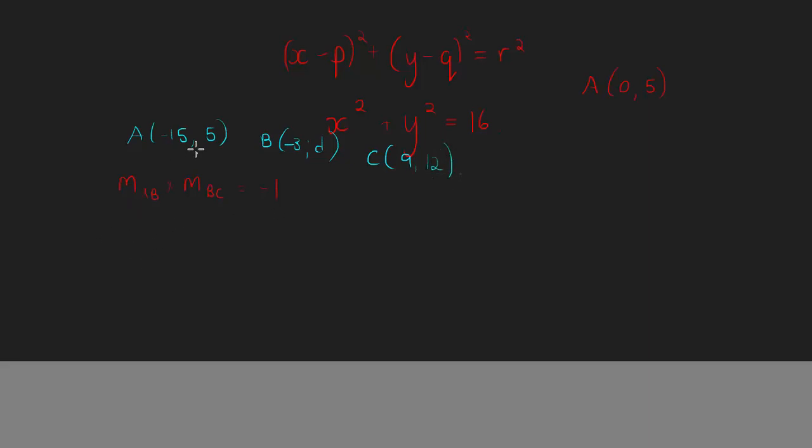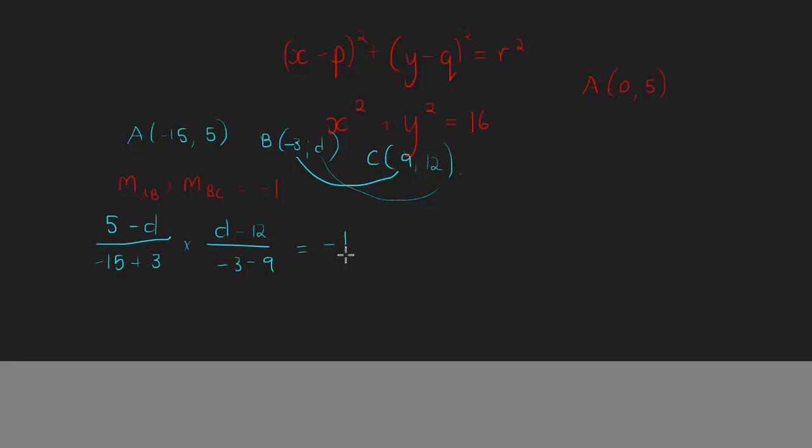Cool, so we have that AB is the y of A minus the y of B divided by xa minus xb, times, and then on this side again the same thing, I subtract my y's, so D minus 12, and then I subtract my x's, negative 3 minus 9.